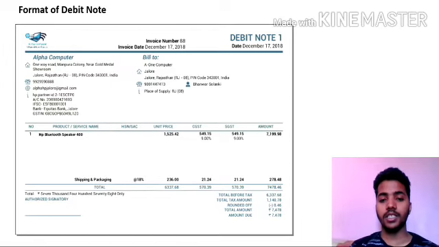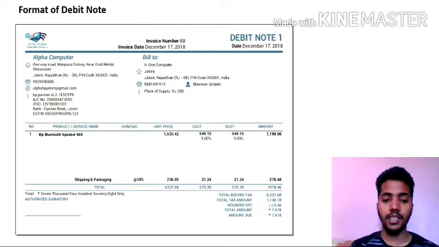Which is CGST and SGST combining to the GST. And here CGST refers to the central goods and services tax, and SGST refers to the state goods and services tax, and the total amount is the inclusion of the CGST, SGST and unit price.